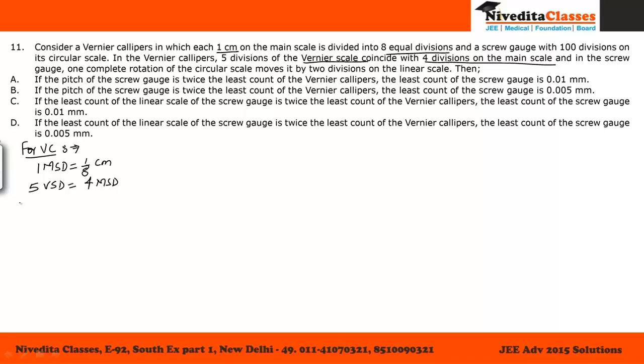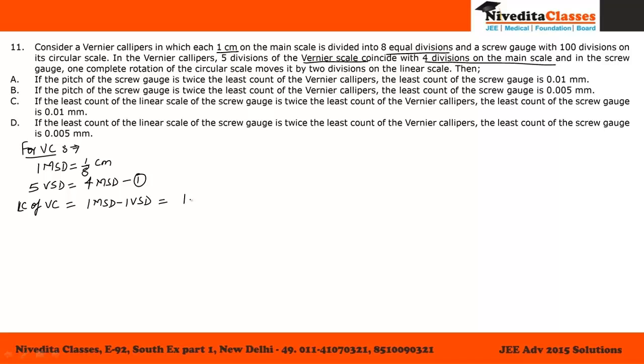And as we know, the least count of the vernier caliper is given as 1 main scale division minus 1 vernier scale division. So using this relation, we can put the value of the vernier scale division here.